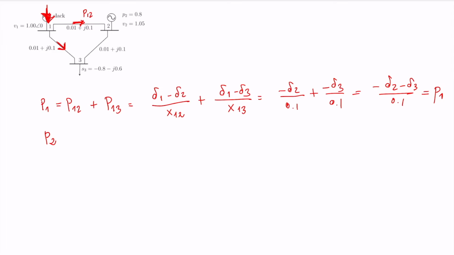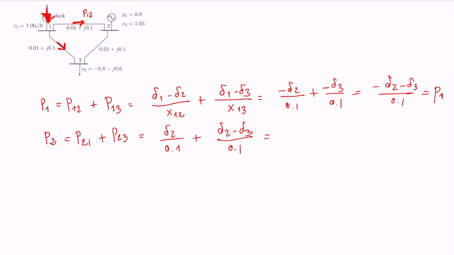I can write the same for the net injection power in node number 2. This is equal to the power that goes to 1, plus the power that goes from 2 to 3. And this is delta 2 minus delta 1, which is 0, so I'm not using this, divided by 0.1, because this is the reactance, plus delta 2 minus delta 3 divided by 0.1.